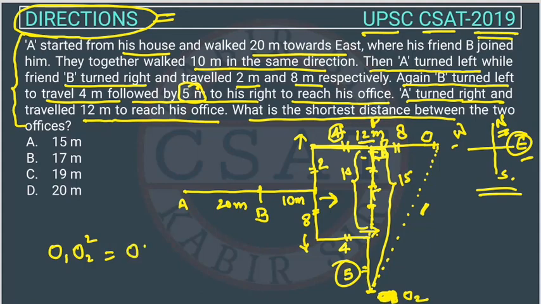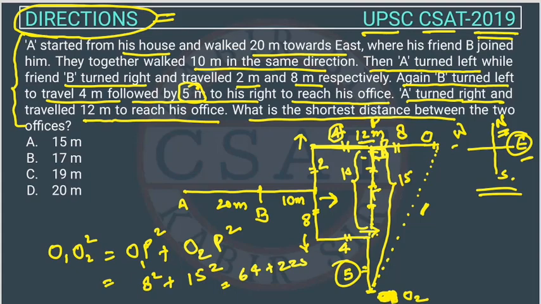So O1P square plus O2P square, right? So O1P square is how much? This is 8. So 8 square plus this total is 15 here. So this is 15 square. So this will be 64 plus 225, right?